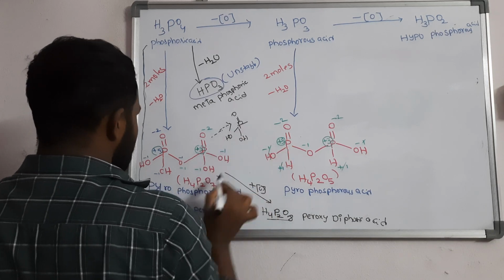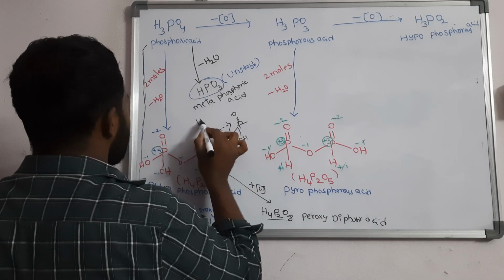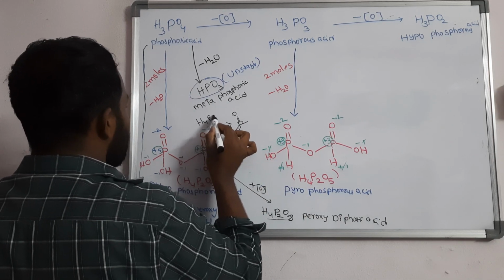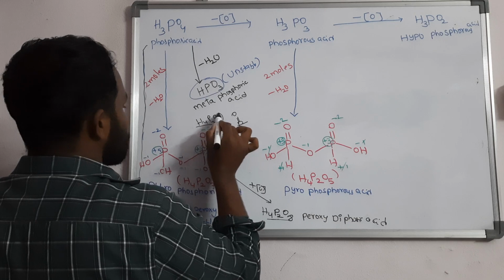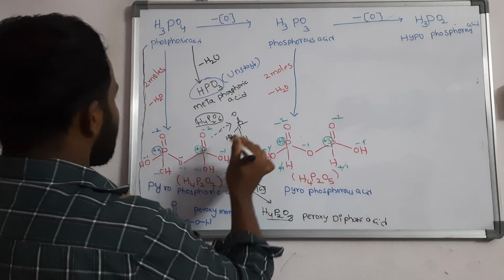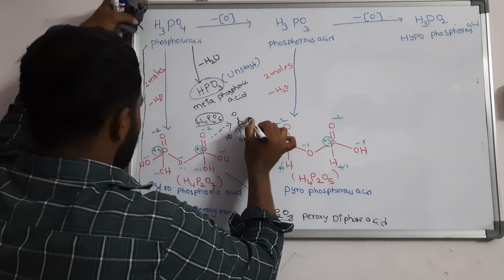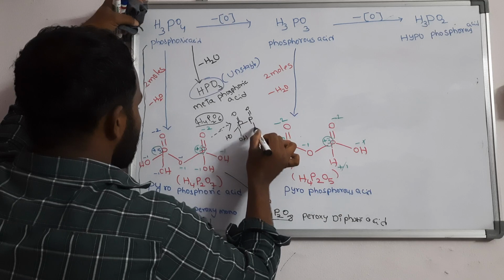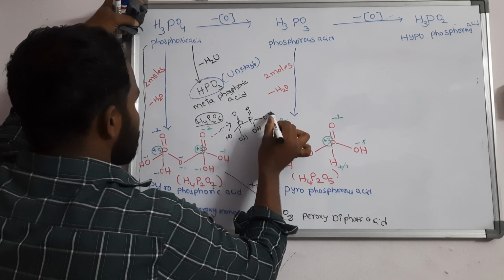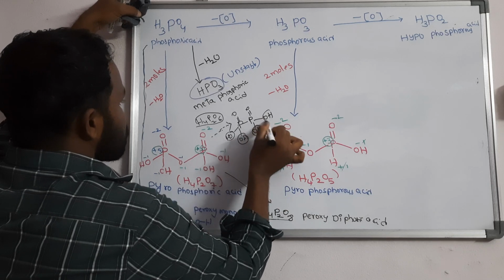If you remove one more oxygen here, you will get H4P2O6. Already we wrote that, right? We didn't write it, so you should write H4P2O6. So P double bond O, you will get OH, OH. This is also tribasic, this is also tetrabasic.